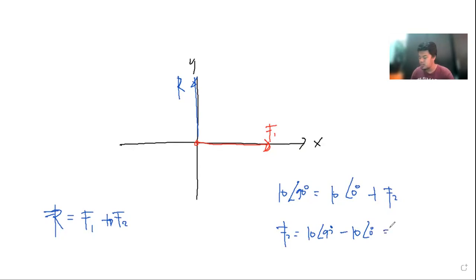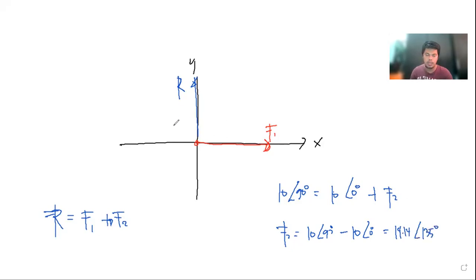If you calculate that, the answer would be 14.14 angle 135 degrees.